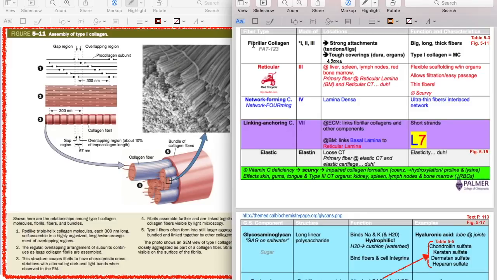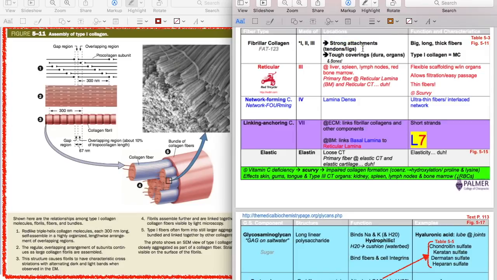Fibrillar collagen: fat 1, 2, 3. Conveniently, the biggest, thickest, and most common type of collagen is type 1. It's number 1 most common, number 1 most big. Fat 1, 2, 3, these are the big boys.